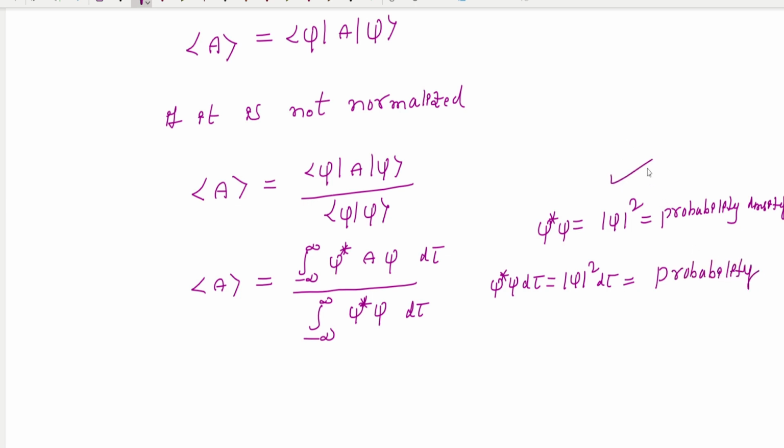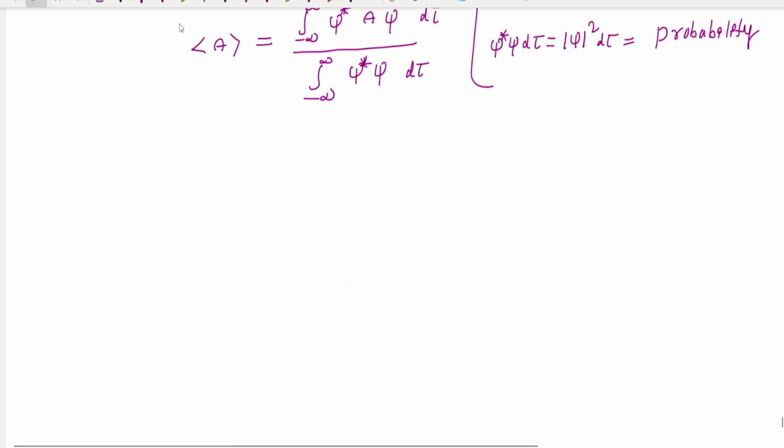So probability density is always positive. Probability takes some values. Maybe you can answer the difference between probability and probability density by solving problems. Then only you can understand, especially in one-dimensional and two-dimensional problems.